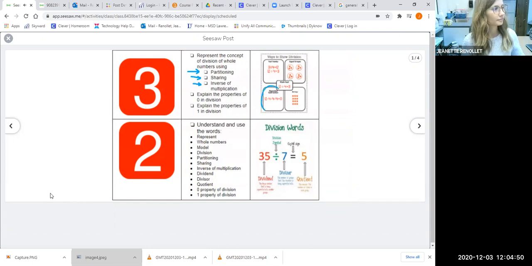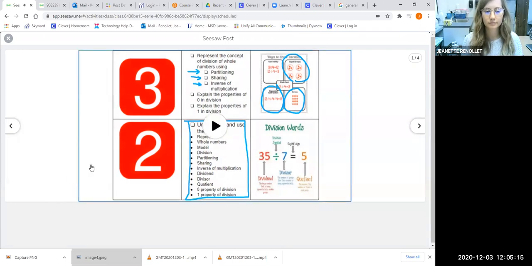We have also learned repeated subtraction and arrays in equal groups as ways to show sharing. You have also been asked to understand and use these words in your explanations of division. Today, you will practice determining which strategy is most appropriate when solving real-world division situations.